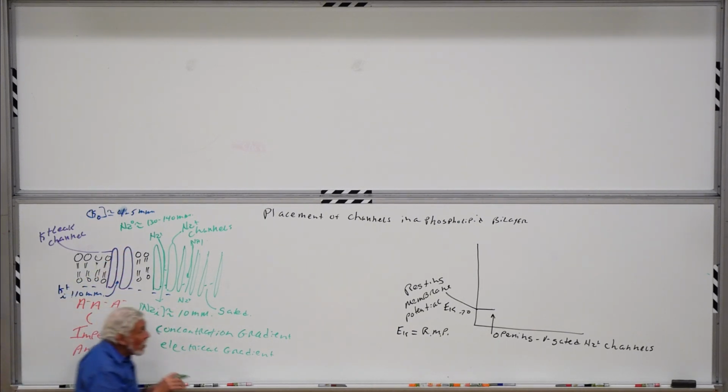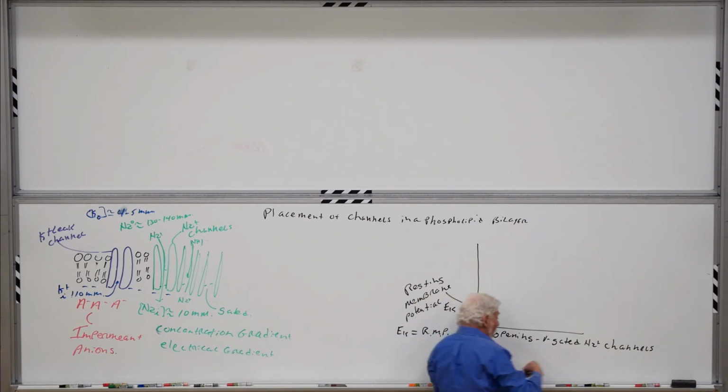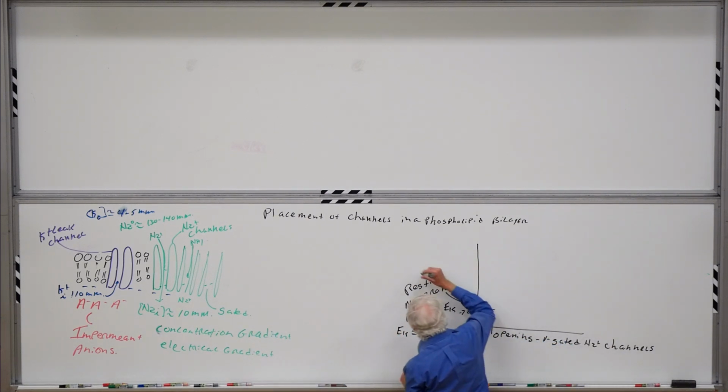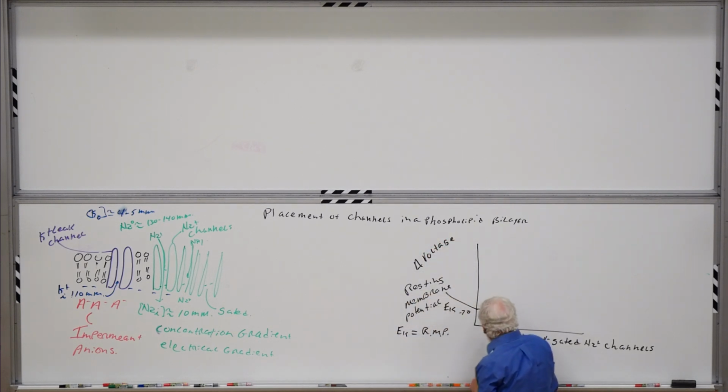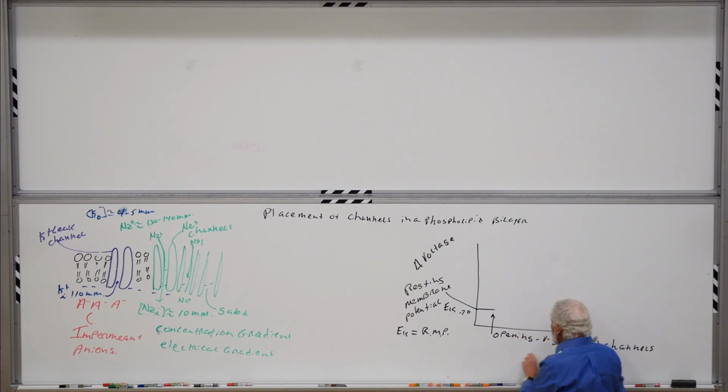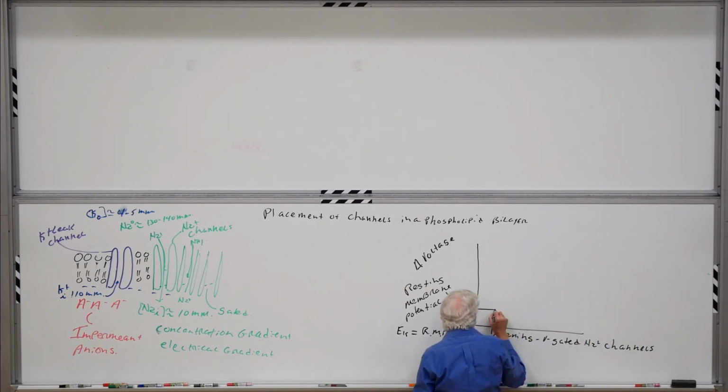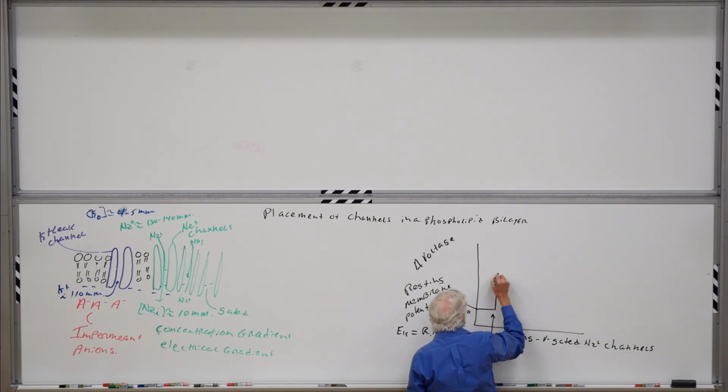Now over here, what we're going to describe is a change, a delta, in voltage, such that at this point, when we open the voltage-gated sodium channels, the membrane potential will immediately go up to the equilibrium potential for sodium.